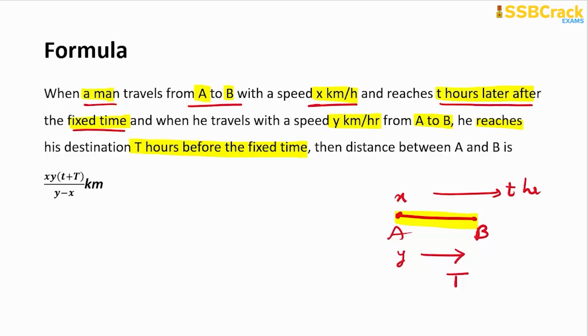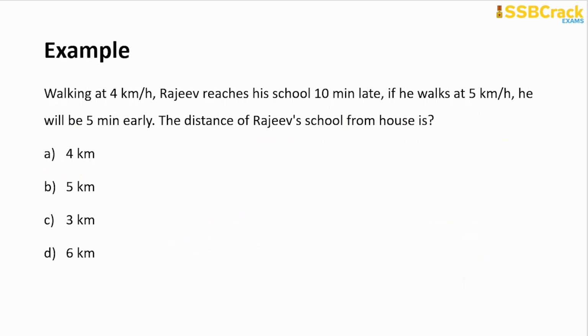The length of the journey. So these are all the parameters could be part of your question. You have to recognize correctly that this formula fits over there. And what's the formula? It's xy into t plus capital T upon y minus x. It is xy into t plus capital T upon y minus x. Alright, so let's apply this formula to get the answer to our question based upon the similar criteria.